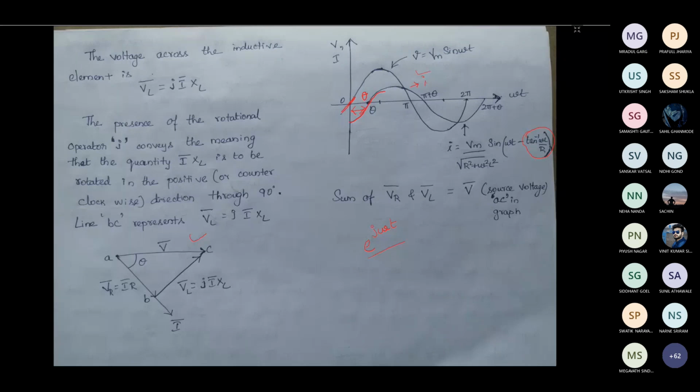Why you are saying like that? Sir, because we represent this sine wave in phasor form. When we plot the graph of the sine wave in phasor form, then the phasor appears to be rotating with the frequency omega. So we say that this is representing that the phasor is rotating.